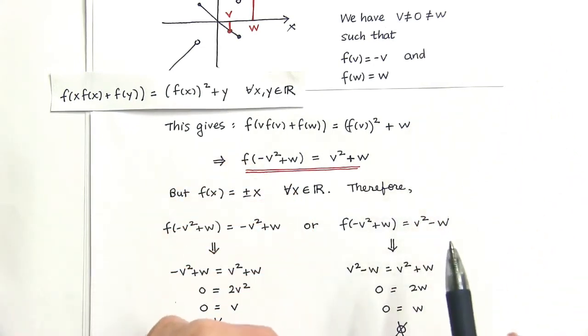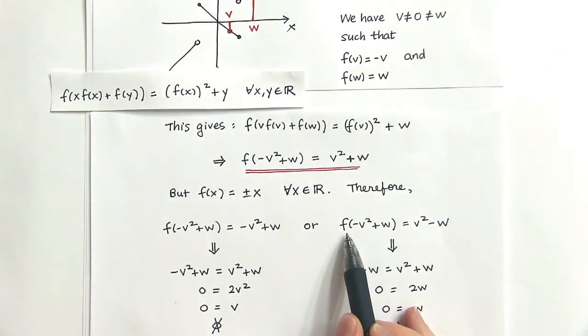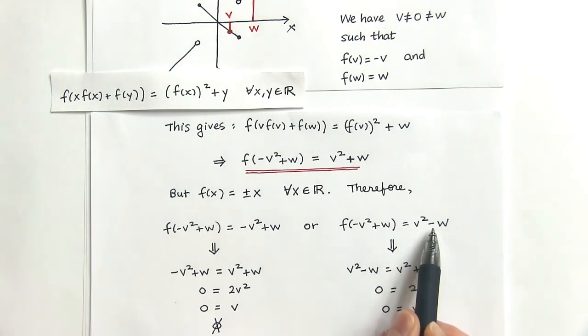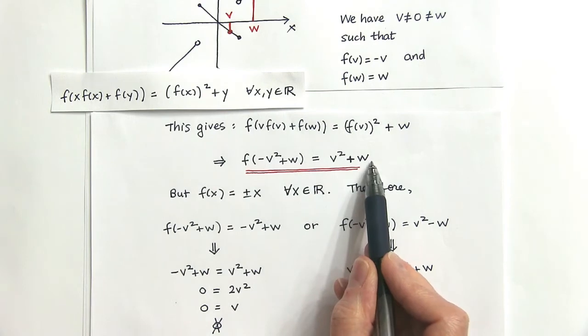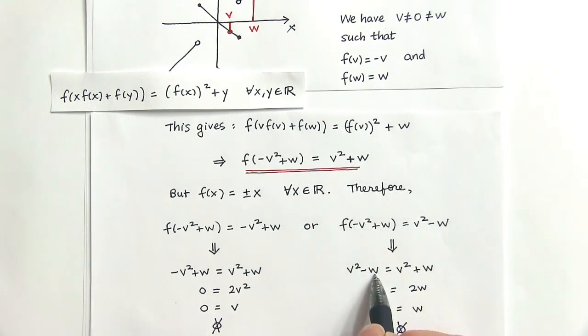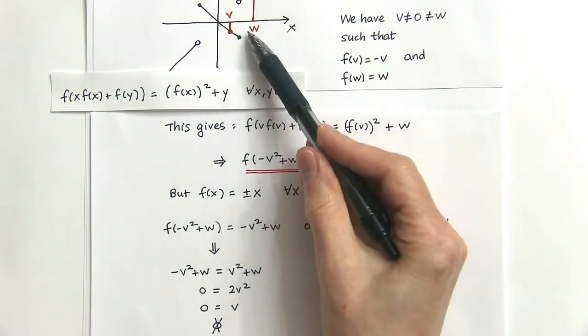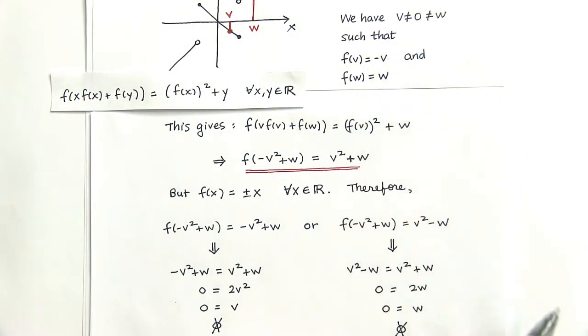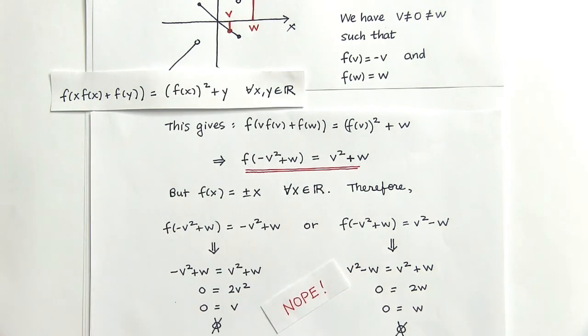Likewise, with the other option, if f at minus v squared plus w is v squared minus w, and simultaneously equal to this, then we have v squared minus w equals v squared plus w. Solving, we have 2w equals 0, so w is 0, which again is a contradiction because we specified that w is a non-zero number. So in either case, we get a contradiction.